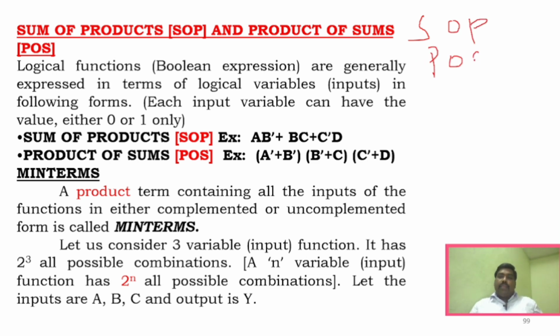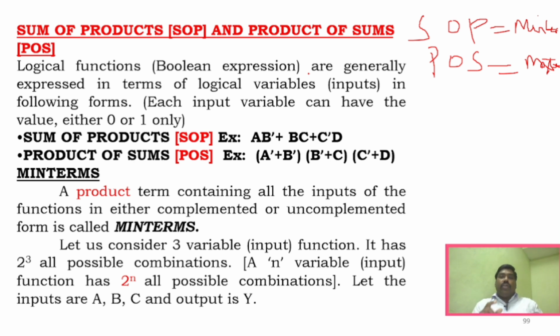You have to understand that sum of product refers to minterm, whereas product of sum refers to maxterm. This is very important, and in this video we will concentrate on minterm.